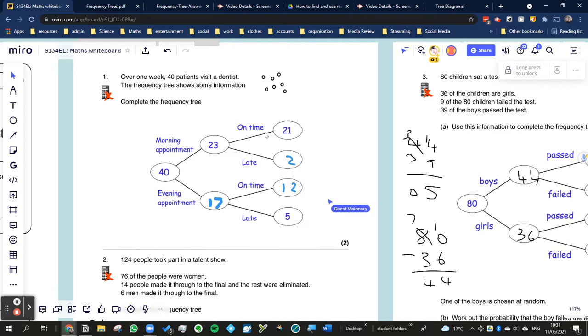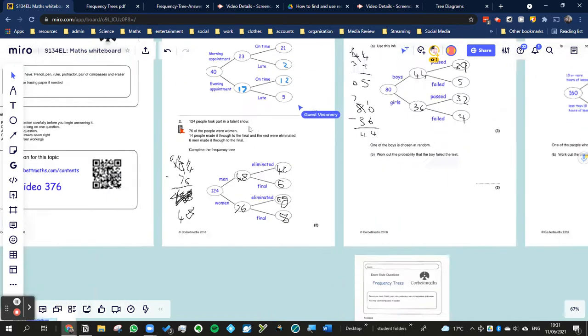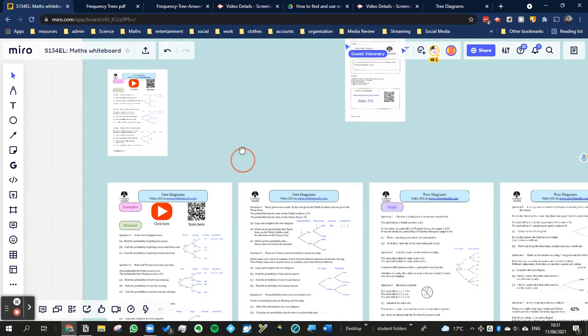And then these 23 gets divided further another time by some are on time and some are late. And 21 of those 23 were on time, so the remaining 2 were late. Same here. 12 of this 17 were on time and the remaining 5 were late. So that's frequency trees. That's basically how frequency trees work.